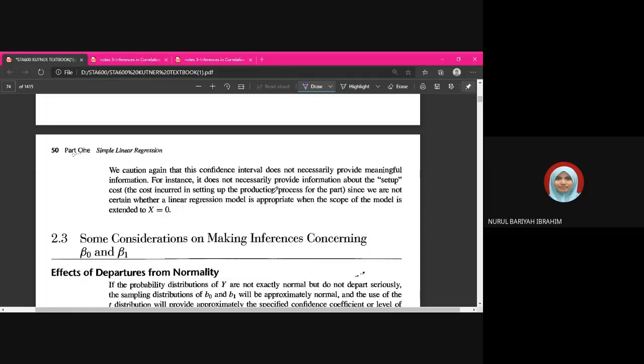So, means that dalam data yang asalnya x tu, dia punya value of variable x, 0 is not in the range of the value of x. So there is no meaningful information that we can interpret for this confidence interval.